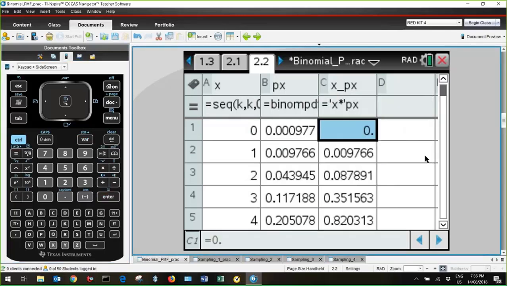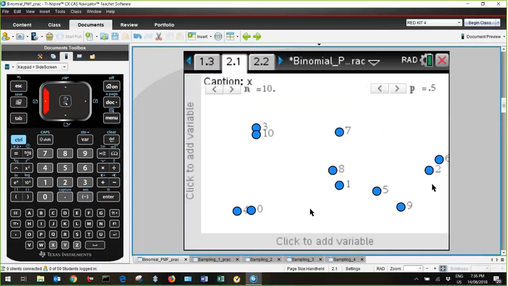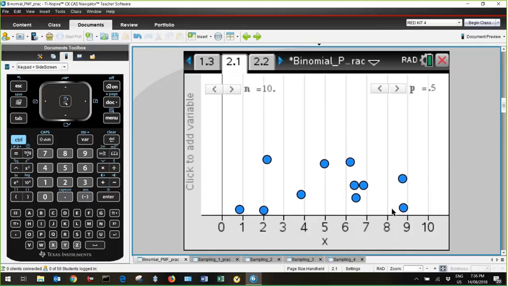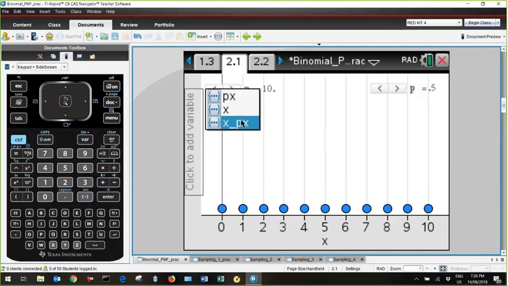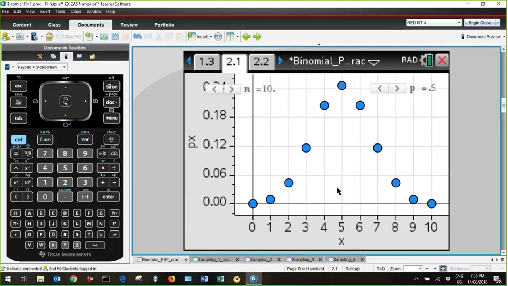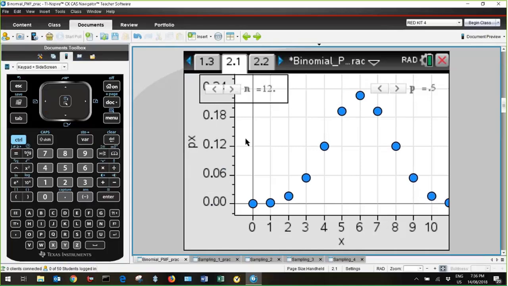So I'll go back to data and statistics, and here I'm going to select x and graph that against its probability, Px. And I can see a graph of the distribution. If I change the value of n, then that will change, or I can change the value of p.